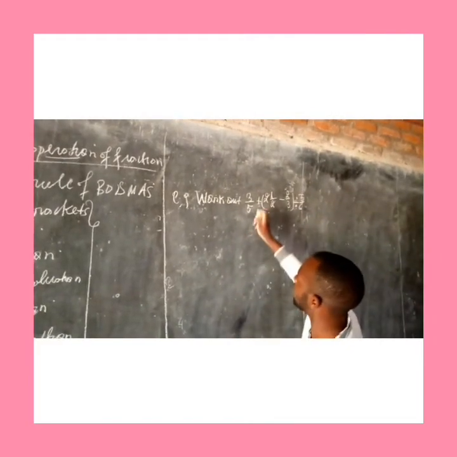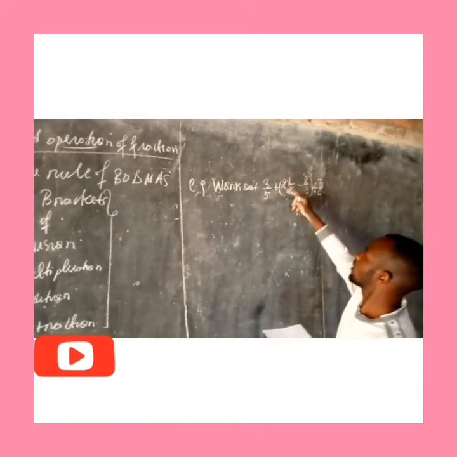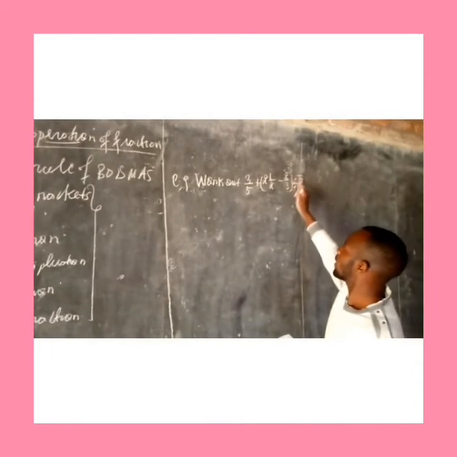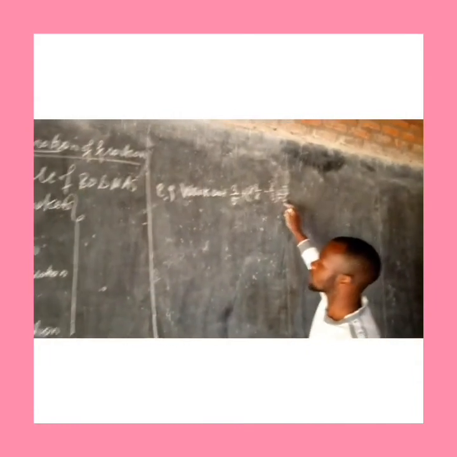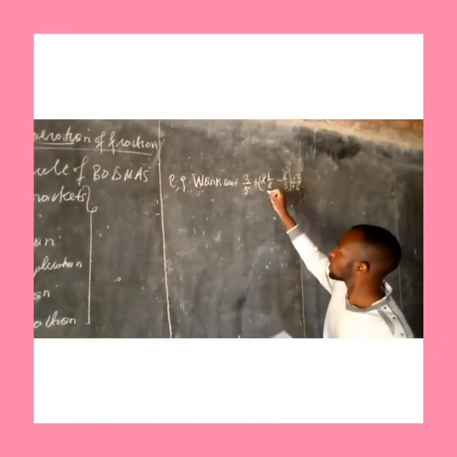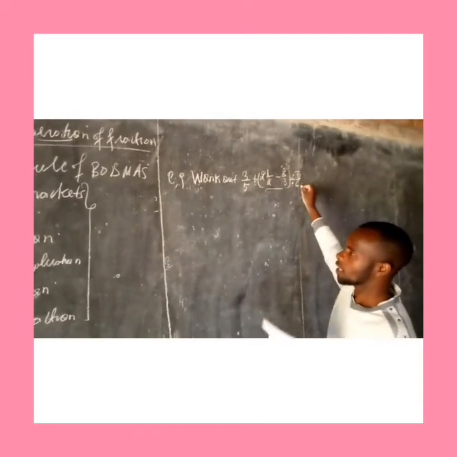So now here you have a fraction 3 over 5 plus 1 and 1 over 2 minus 2 over 3, and now we divide it by 5 over 6. Means that here we have a bracket, a subtraction, an addition, and a division.